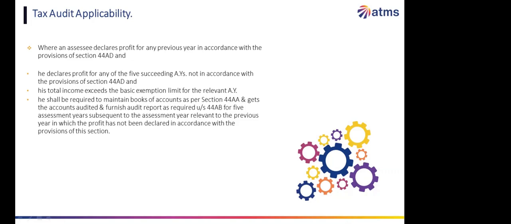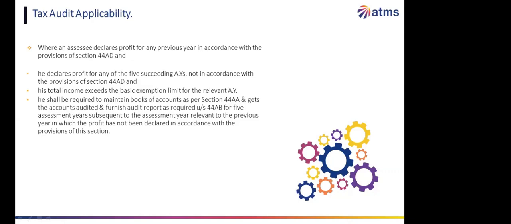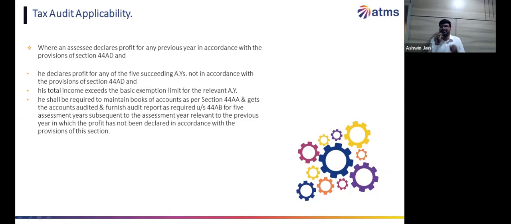Say, for example, you opted for 44AD in AY 2021, then you have to declare the profit under section 44AD in the next 5 years. If you don't show profit under 44AD in those next 5 years and you are out of that 44AD zone, then again the assessee will be thrown into a tax audit.